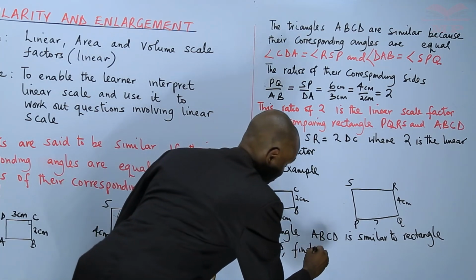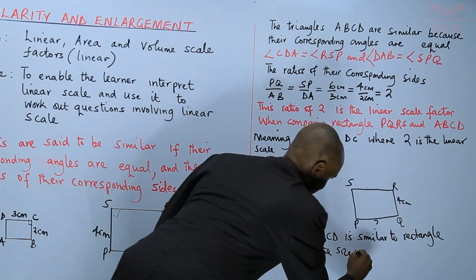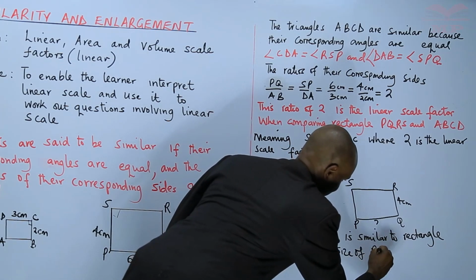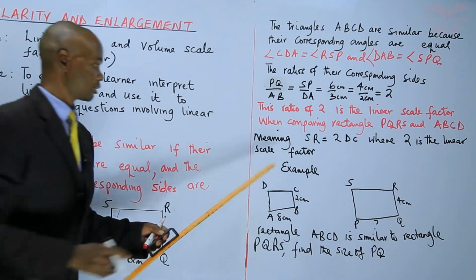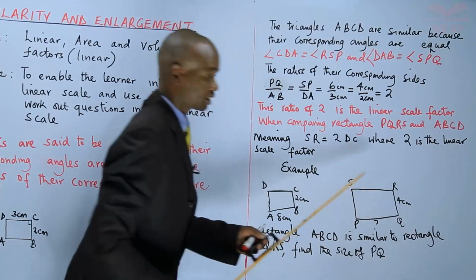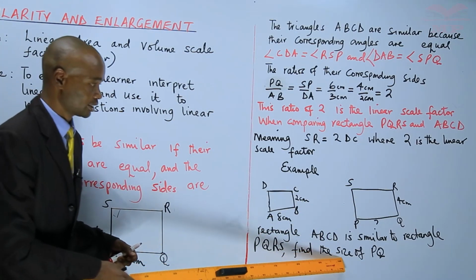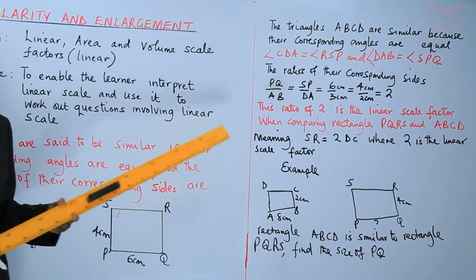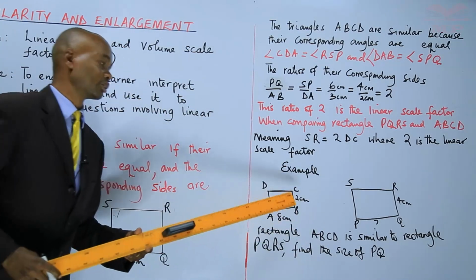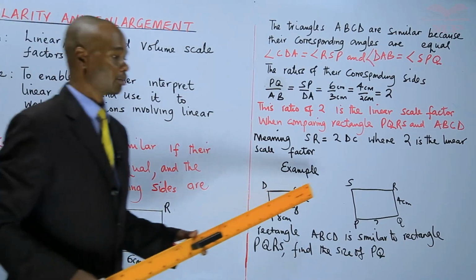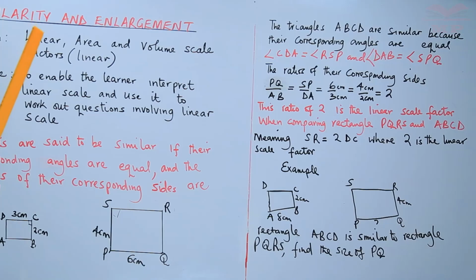Find the size of PQ. These two are actually similar, so they're asking you to find the size of PQ using the linear scale factor, which happens to be the ratio of their corresponding sides. So we'll move to the solution.